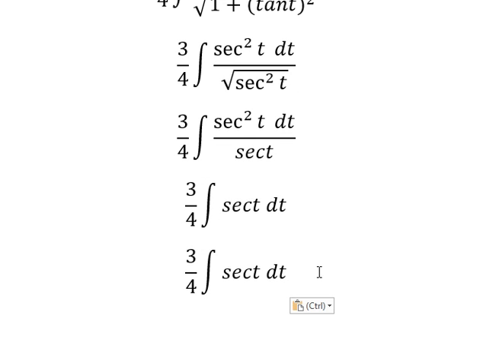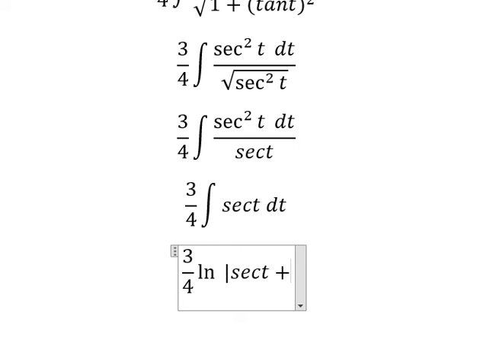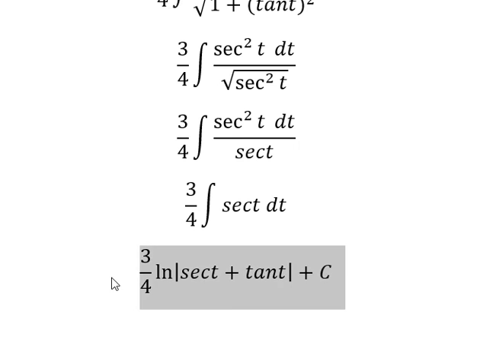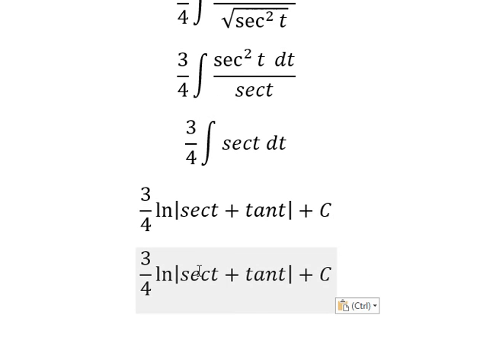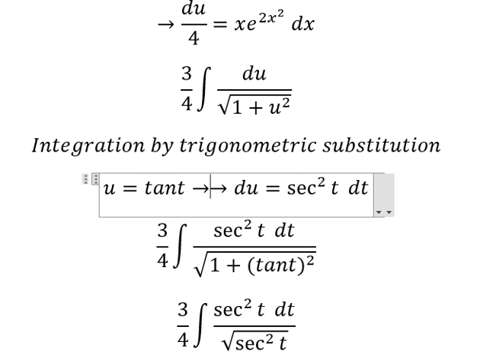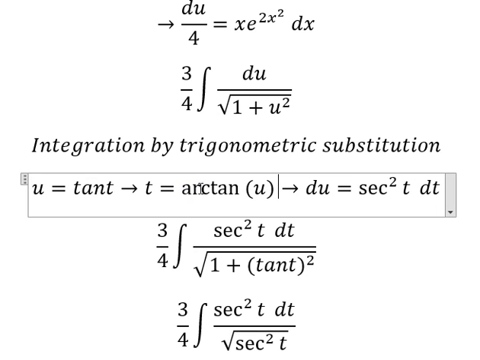So the integration of this one that is about ln of the absolute value of secant of t plus tan t, and I will put c. About t that is about this one. So we can find the value of t that is about arctan of u.